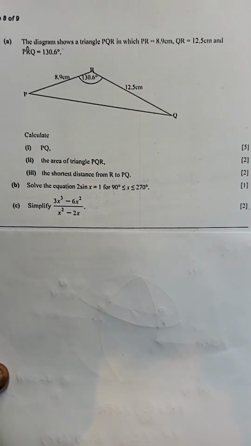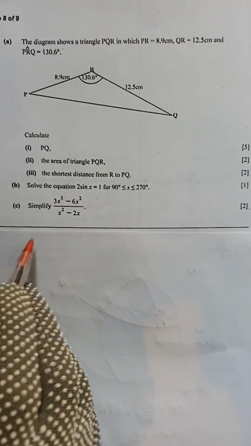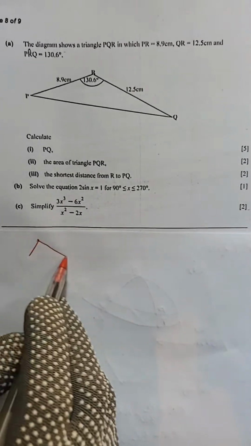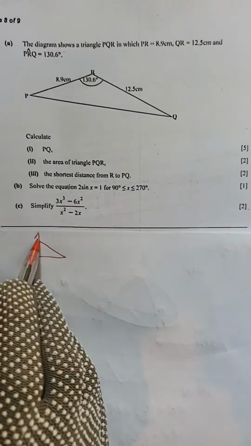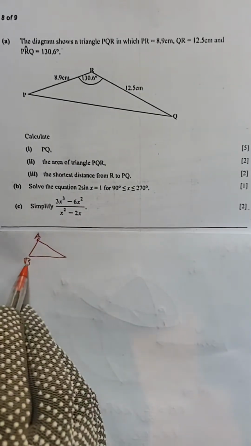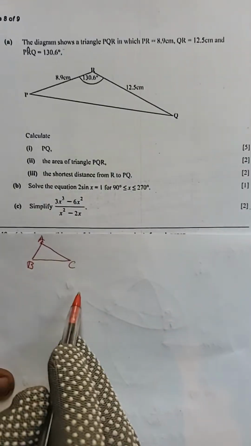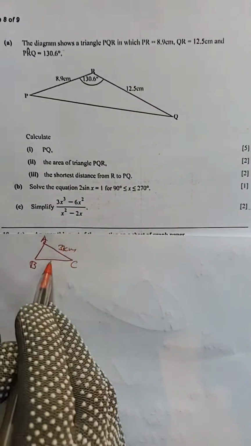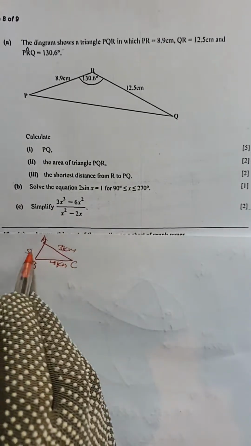Now look at this. When do you apply the cosine rule? The cosine rule is applicable when you are given all the three sides. Let's say this is A, this is B, and this is C, and you're given 3 kilometers, 4 kilometers, 5 kilometers.